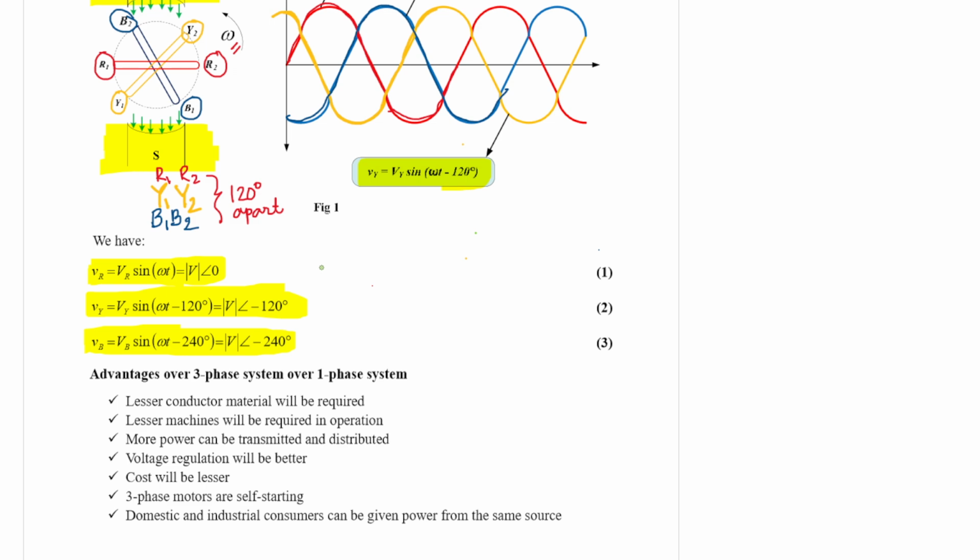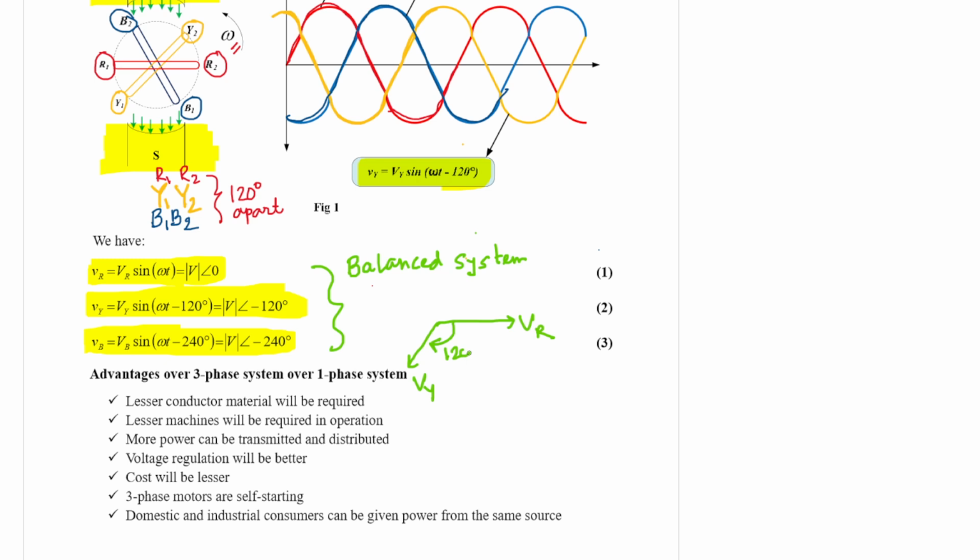Now you can see that it is a balanced system. For a balanced system, the phasor summation: if this is VR in phasor representation, then the next phase is Y, so this must be Vy, lagging by an angle of 120 degree.